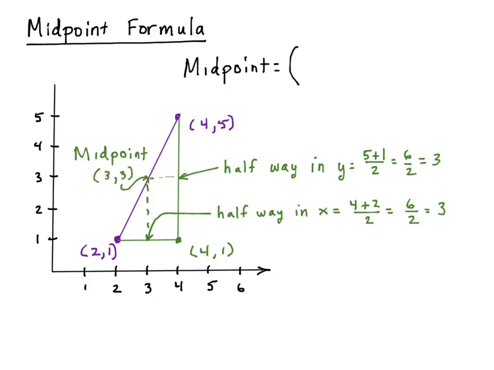And so you write your midpoint as a coordinate pair, and if we want to write it as a formula, here again, this looks a whole lot worse than it really is. We just take the average. So what's halfway in between two numbers? You add them together, divide by 2. And so we do that with coordinates as well. We take halfway between the x's, halfway between the y's. And then we express that as a coordinate pair.